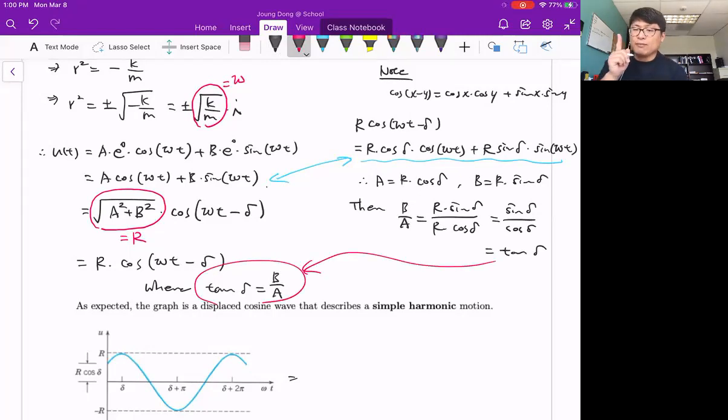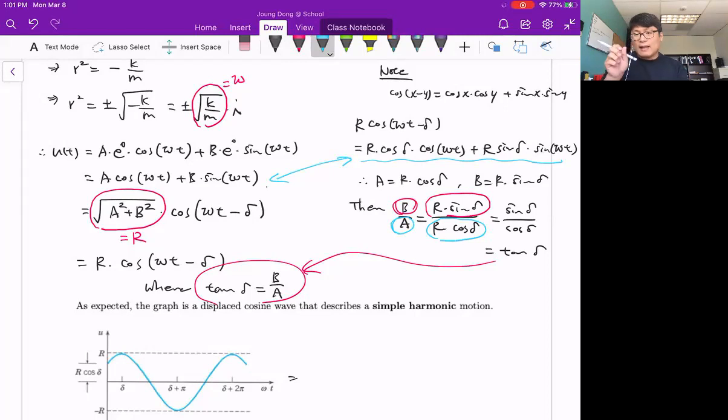But keep in mind there's another important thing. Don't forget this: your coefficient b is r sine delta, and your coefficient a is r cosine delta. This is a very important thing, because it depends on where the angle delta is. Look at that, a is tied to cosine delta.